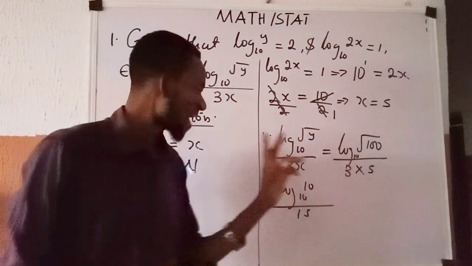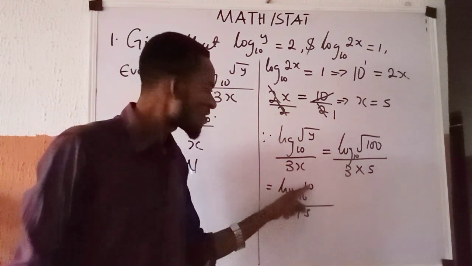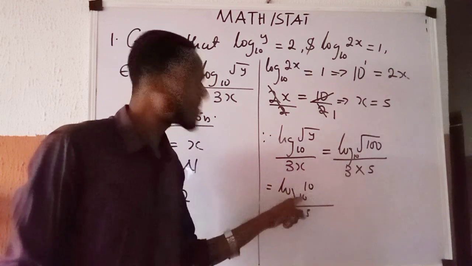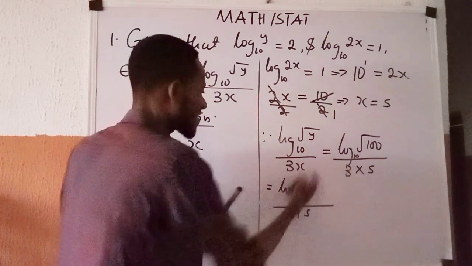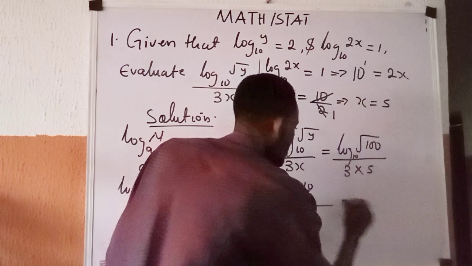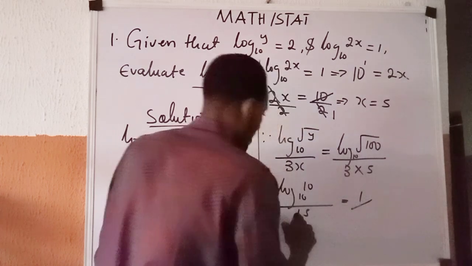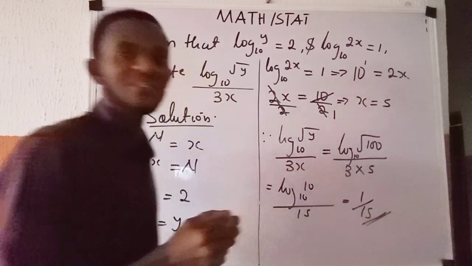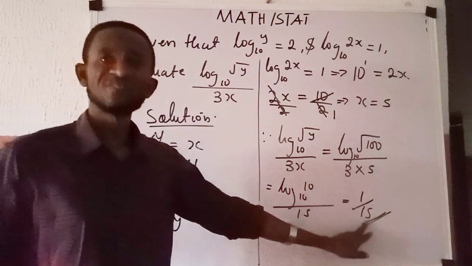Of course, you know that log of a number to its own base is 1. Therefore, log 10 base 10 is 1, so the entire numerator has become 1. What I have as denominator is 15. So the answer is 1 over 15.